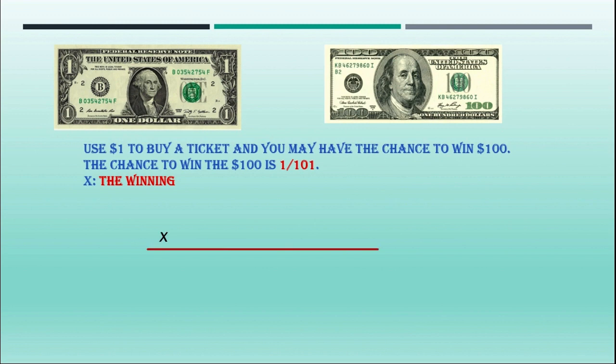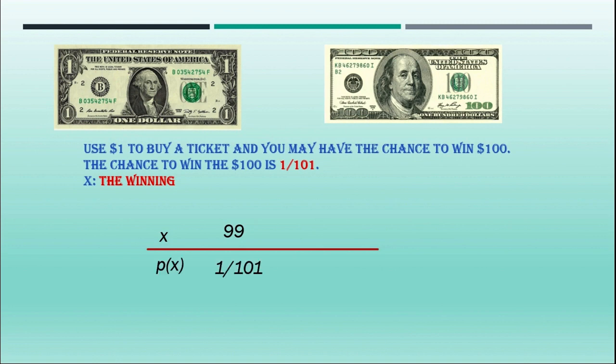If you win the $100, you get the $100, but you use $1 to buy the ticket. So the winning is $99. The corresponding probability is 1 over 101.